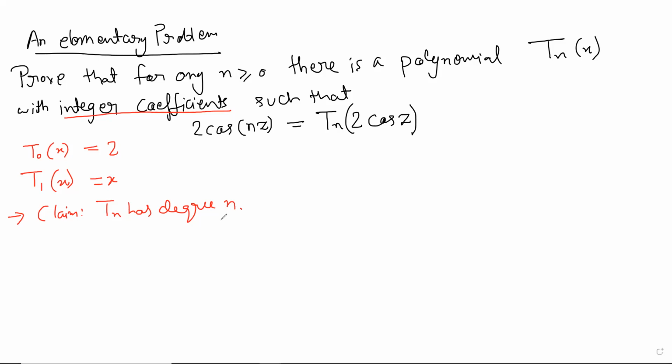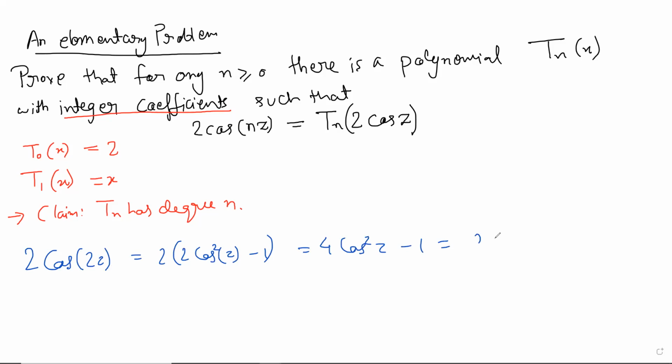So how do we go forward about T2 and so on? So we have 2 cos squared z minus 1. So then you know that you should be taking, so obviously, that's right.